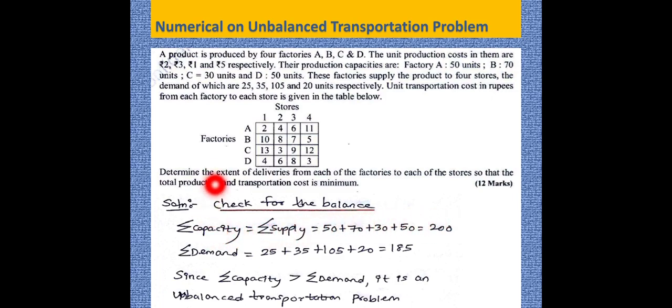Similarly, the demand in stores is 25 plus 35 plus 105 plus 20, that is equal to 185. Since here capacity is greater than demand, it is an unbalanced transportation problem, or we can say that since capacity or supply is not equal to demand, it is an unbalanced transportation problem.